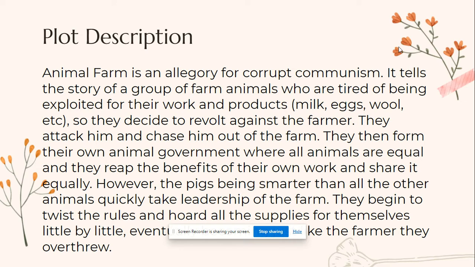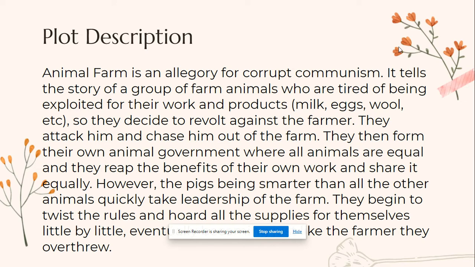However, the pigs are the smartest animals on the farm, so they quickly take leadership of this new government. And at first, that works out fine. The other animals are fine with it. But then eventually, they begin to abuse their power. So they start to twist the rules, and little by little, they change the rules so that they are allowed to have more food rations than other animals.